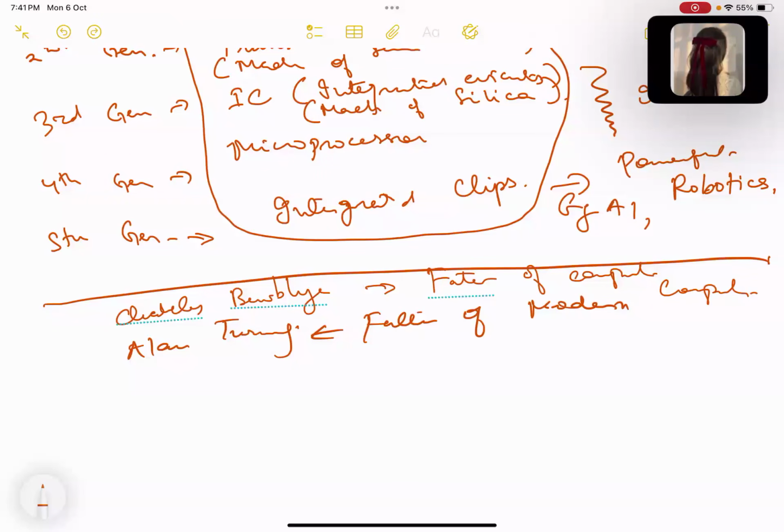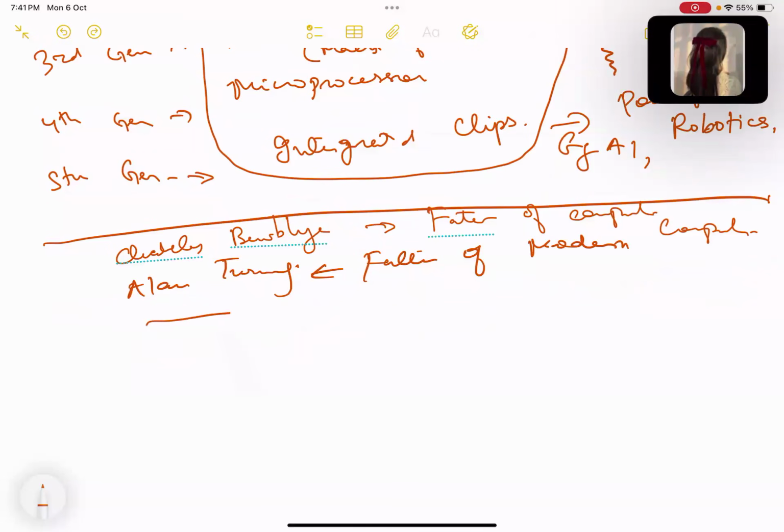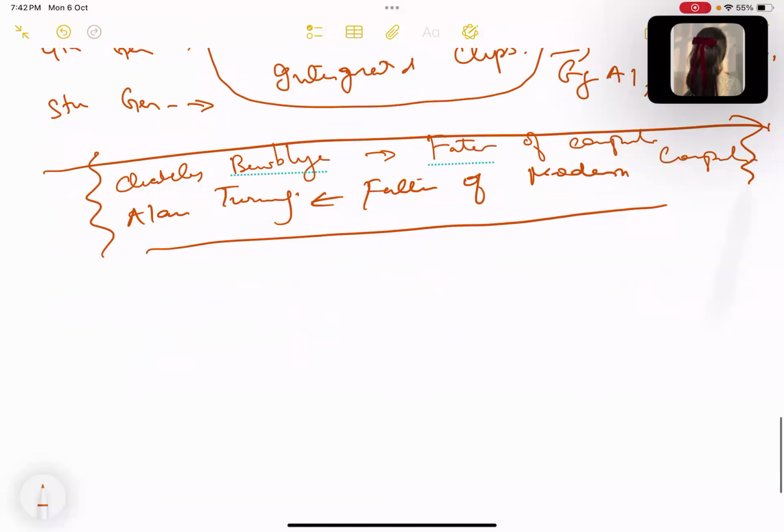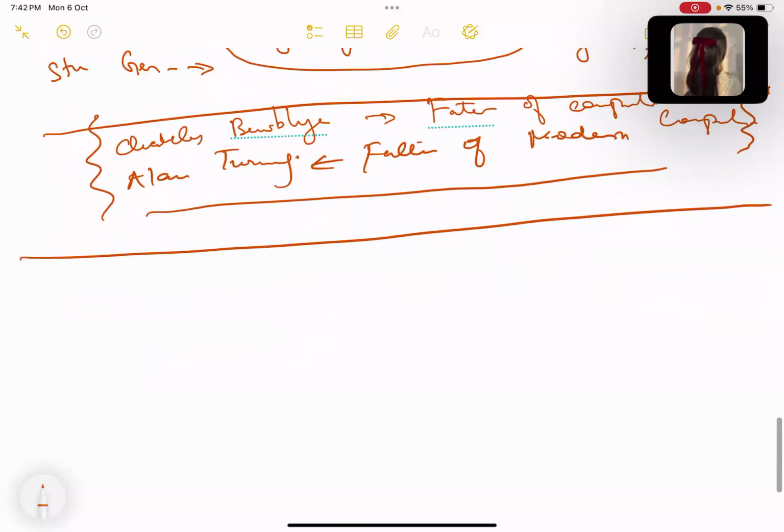So, because of the development that he made in the computer system, he is often regarded as the father of the modern computer, okay? So don't get confused, okay? In exam time, father of computer and father of modern computer. So those are the 5 generations of computer.